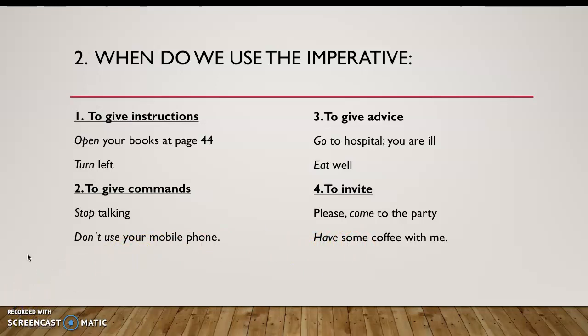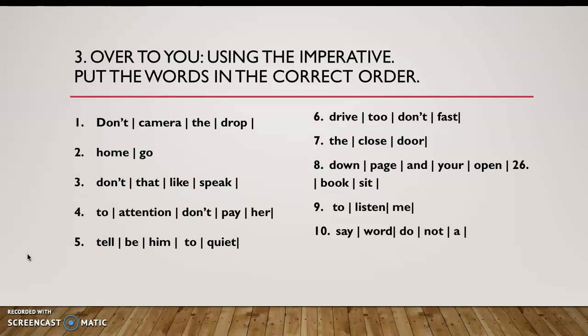Now, what we're going to do is practice. So you need to think. It's a good idea now to take a pen and paper, and I'm going to show you some sentences, but the words are not in the correct order. So let's have a look. What you have to do is put the words in the correct order. So for example, don't camera the drop.